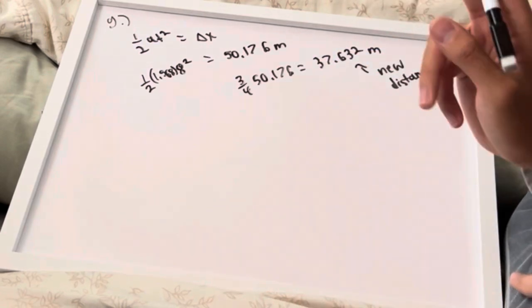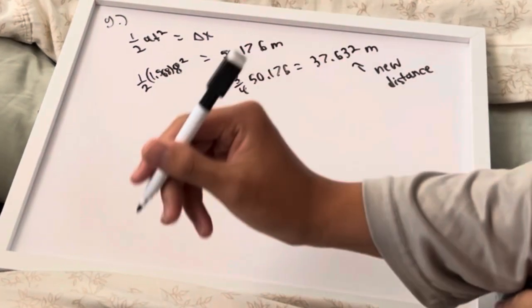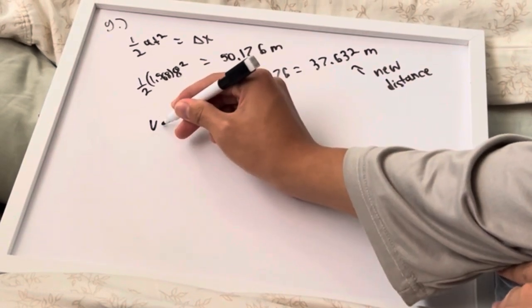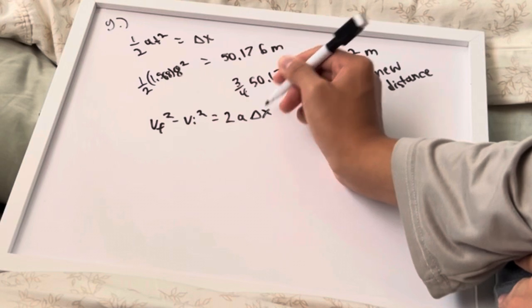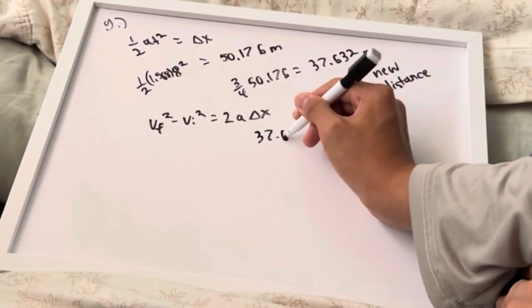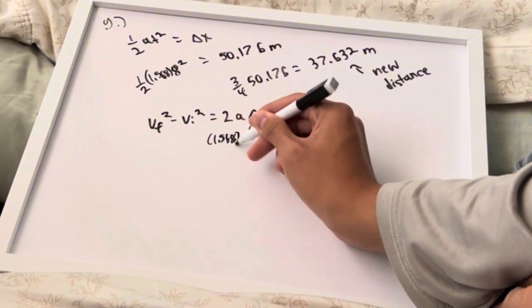So I can find the speed now before it hits the block, because there's going to be a new inelastic collision. I can use the kinematic formula, because I know that vf squared minus vi squared is equal to 2a delta x. My new distance is 37.632, a is 1.568, and there's going to be a 2 here.